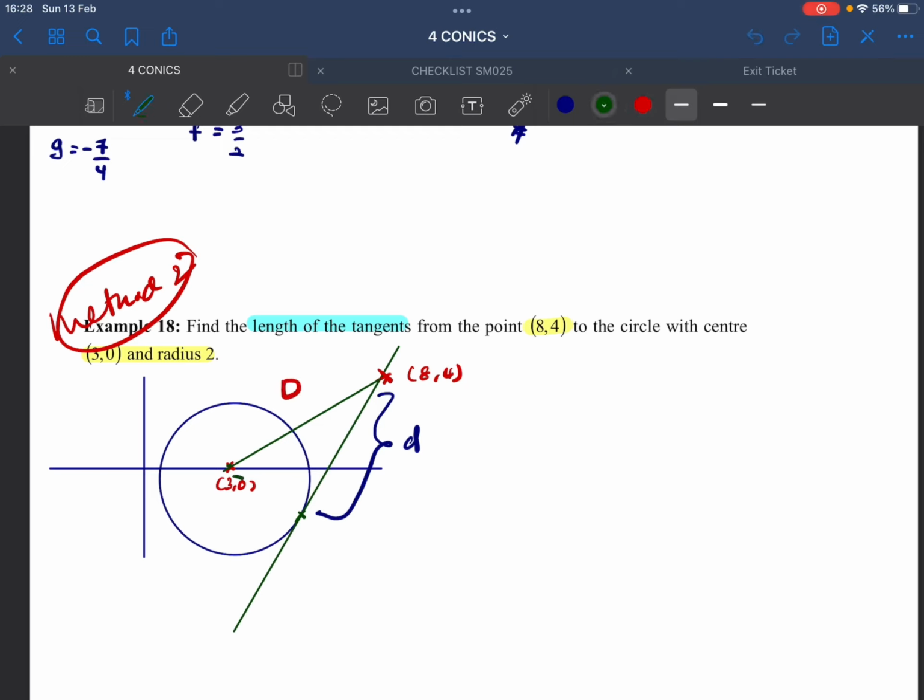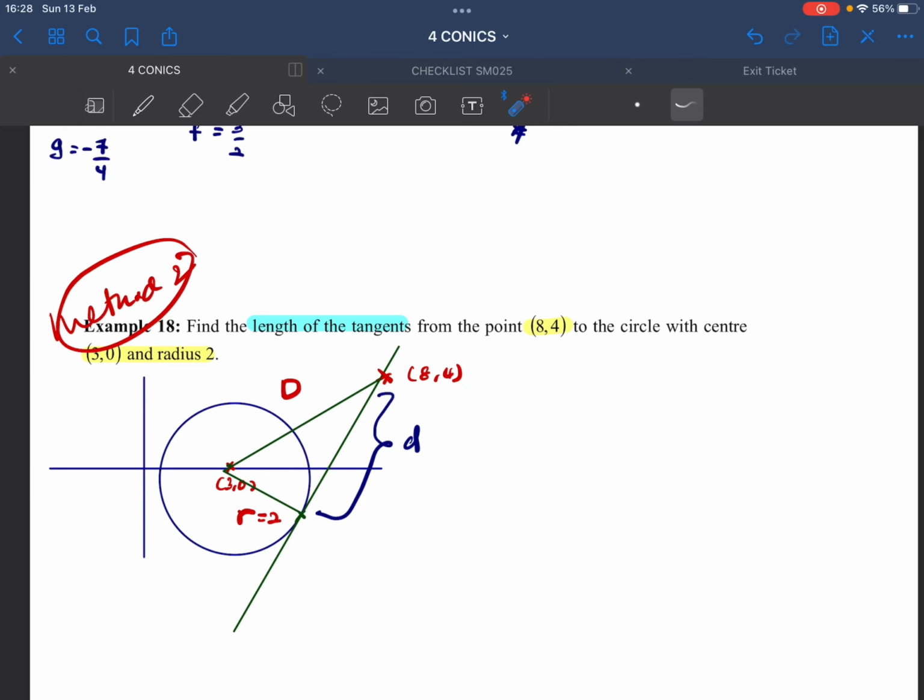From the center to any point on the circumference is the radius. We know the radius is 2, so let's label that as 2 straight away.